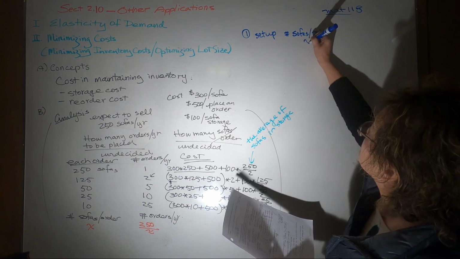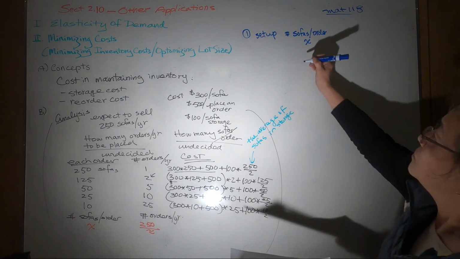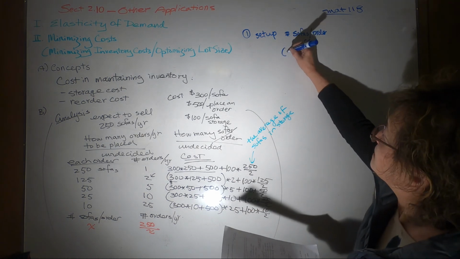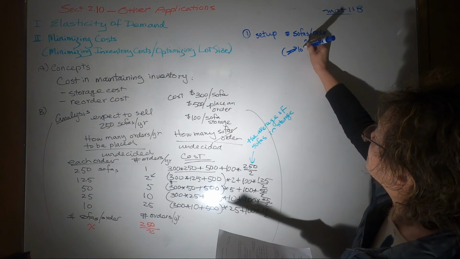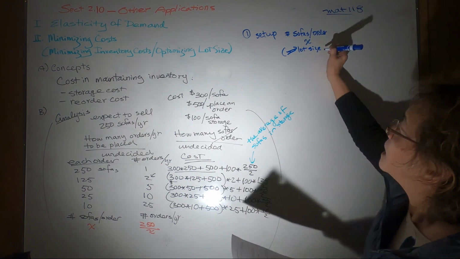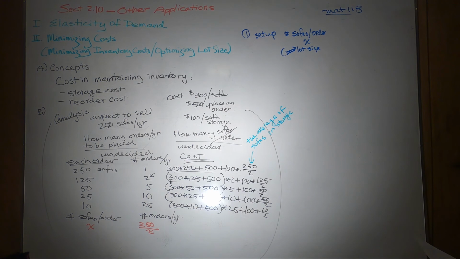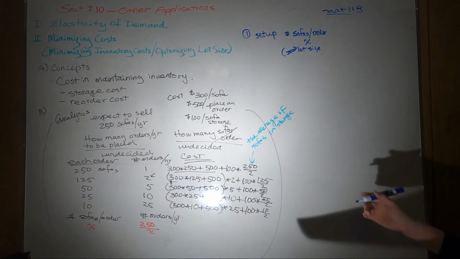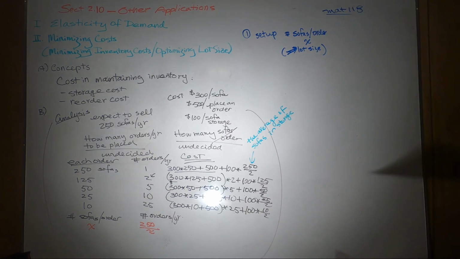We say it's X. This one we call the lot size. How big the lot will be to keep your inventory there, right? That's why we call it lot size for your X.